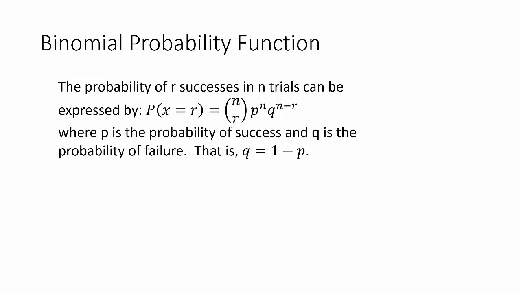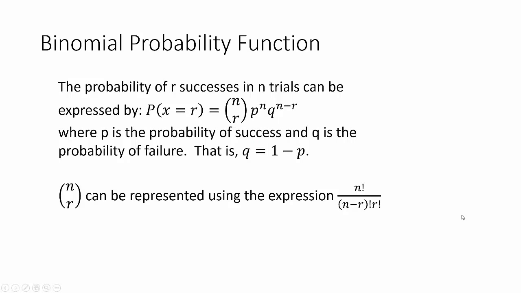This n over r piece is something that's pretty interesting. Most of you are probably used to seeing this in a slightly different way. This stacked fraction can be represented using this expression with the factorials: n factorial over the quantity n minus r factorial times r factorial.